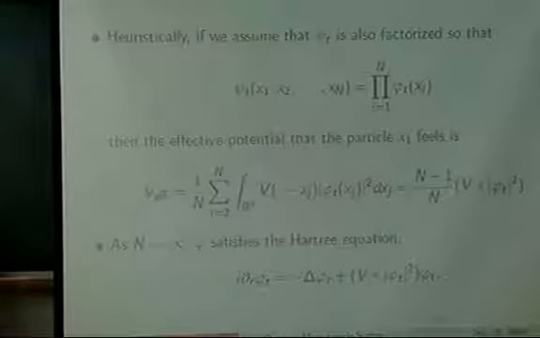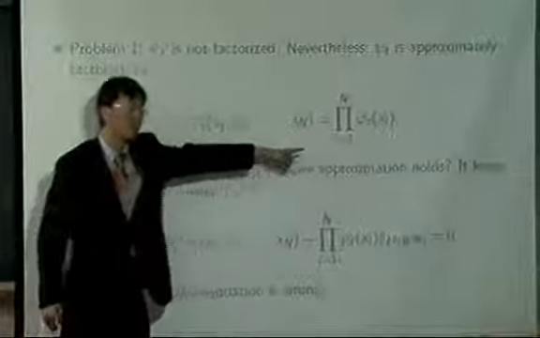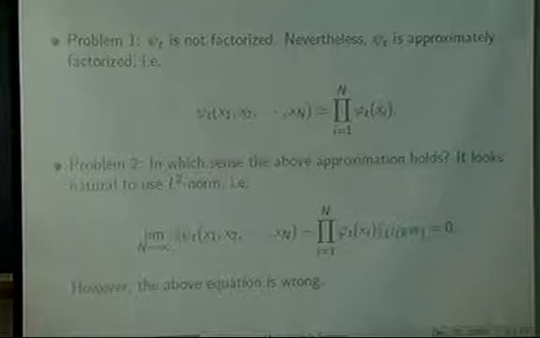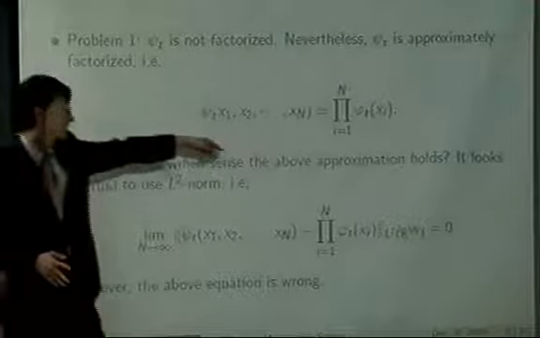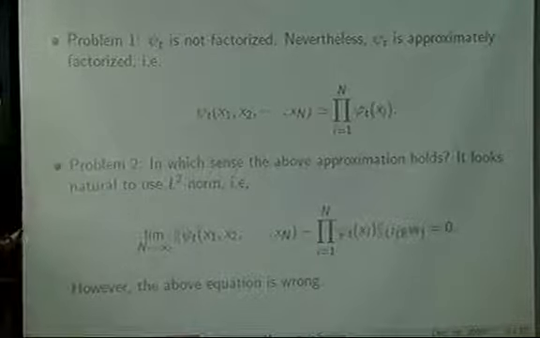That tells us it is not equal to the product. But nevertheless, we believe physicists. Their intuition is somehow right, so that psi t is approximately factorized. So psi t can be written as the product if you find a suitable approximation.